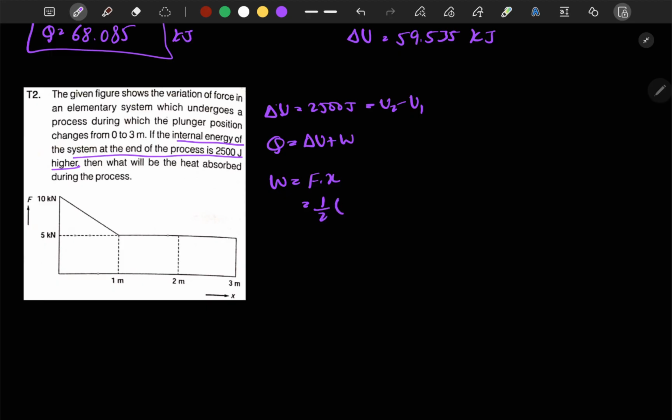First we consider this triangle, half into base into height. Base is 1 meter and height is 5 kilonewton, which gives 2.5. Then we consider this rectangle, with value 5 into 3, which is 15. The total is 2.5 plus 15, equal to 17.5.